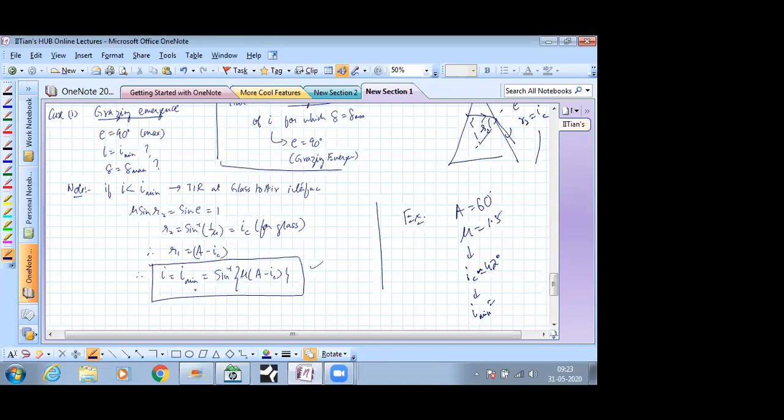Something we've written wrong over here. Just a minute. In this final formula, there is a sine inside this.